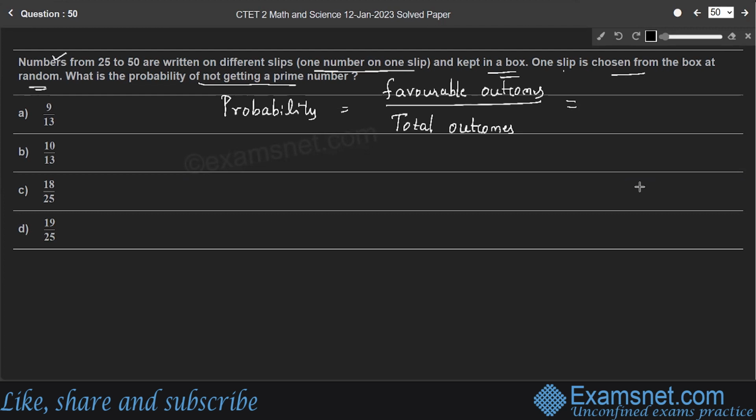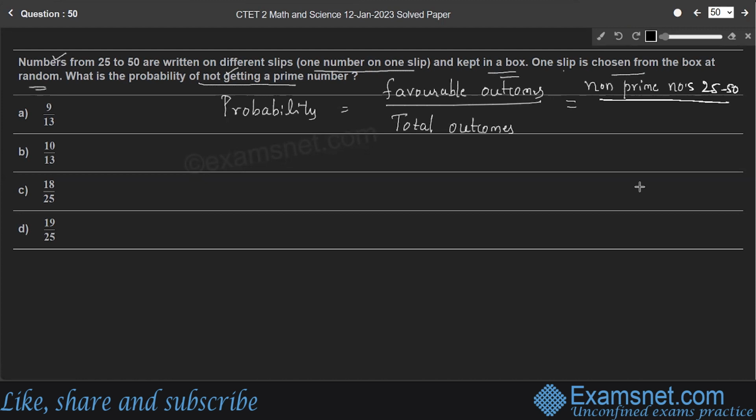What we are expecting here are non-prime numbers. So the non-prime numbers from 25 to 50 are the favorable outcomes.